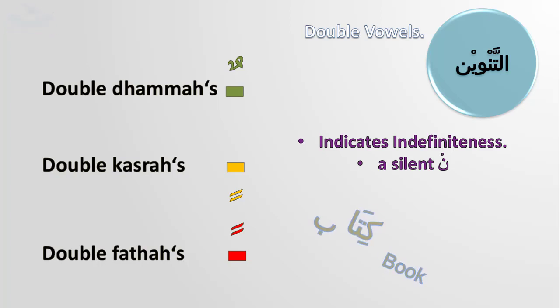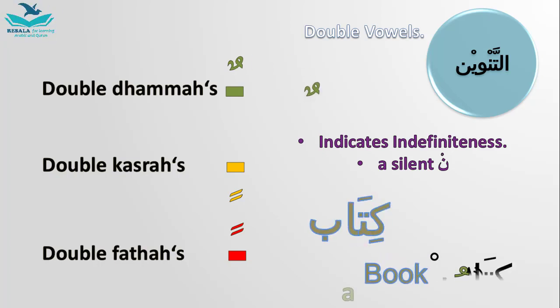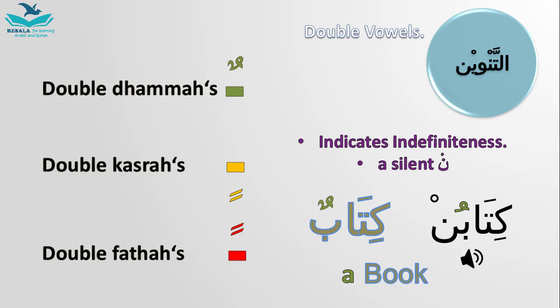Now look at this example, the word kitab, and here is the shape of kitab with tanween. You will find the sound exactly the same as adding a silent noon, pronounced, but I didn't write the noon. I just put double dhamma to become kitabun, and it means a book, any book, not a specific one.